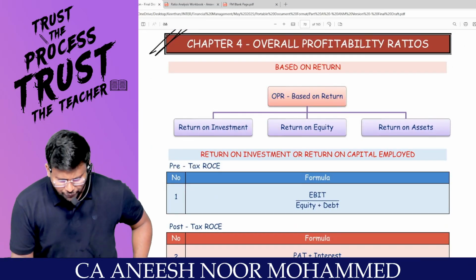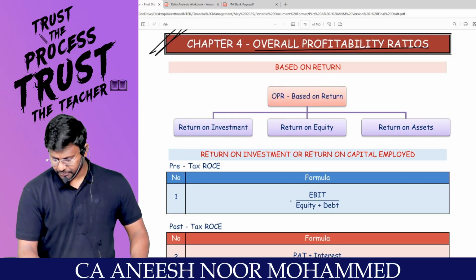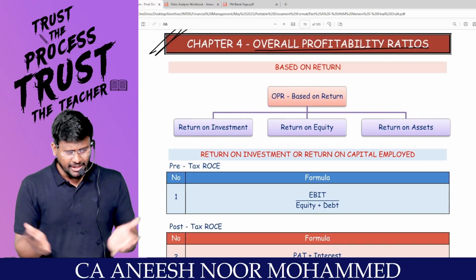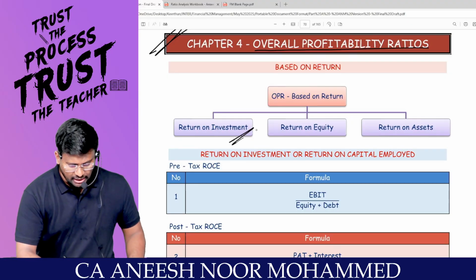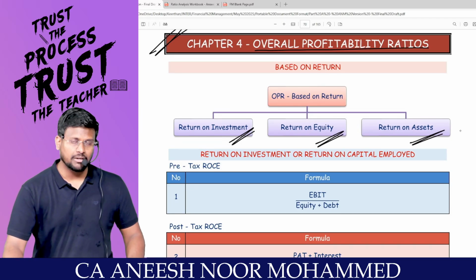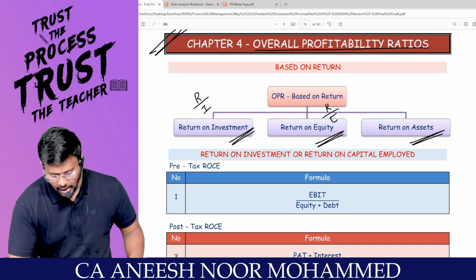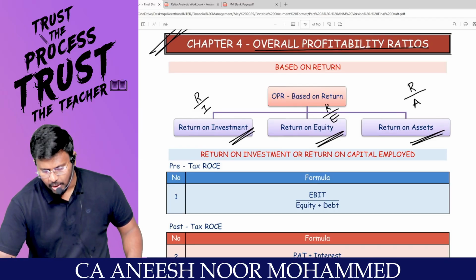I'm moving into a very important calculation called overall profitability ratio. Overall profitability ratio means I am going to check the return on investment, the return on equity and the return on asset. So basically return divided by investment, return divided by equity and return divided by asset.